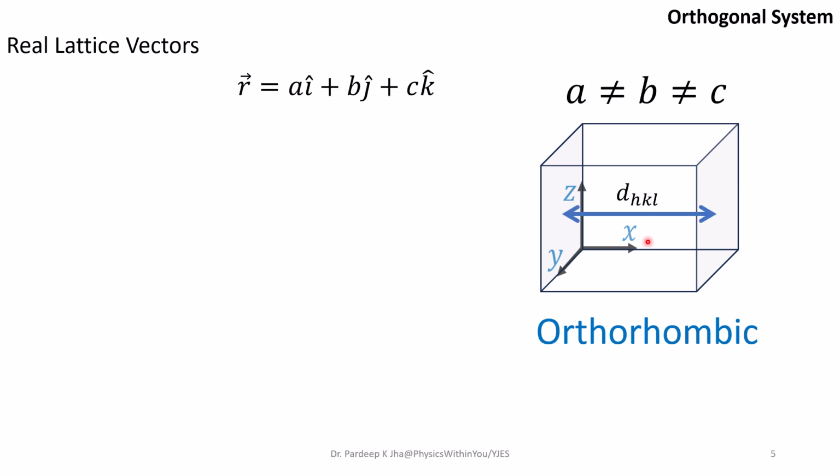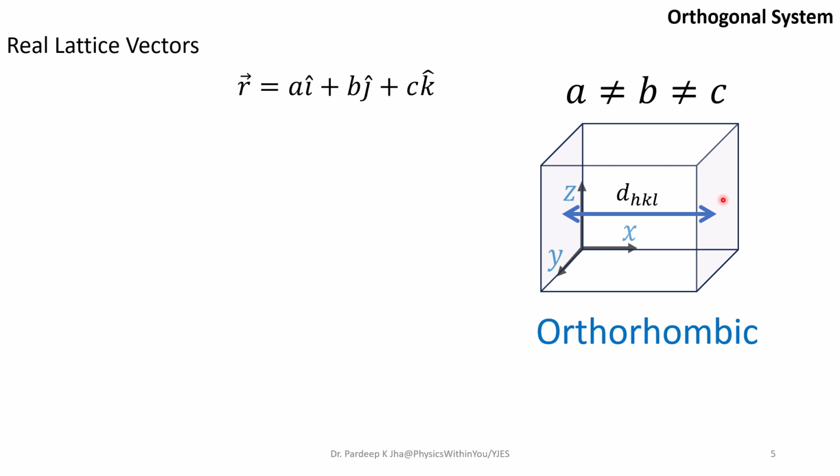Now what to do when we have this plane, let's say, and this is the plane. You know, this is the plane 1, 0, 0. So we have, in general, a particular plane, and there is a space between them, and likewise we have many parallel planes. So this is called lattice spacing or the interplanar spacing between these two planes, denoted by DHKL.